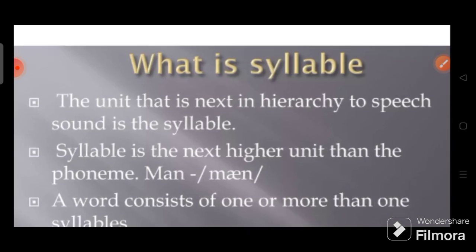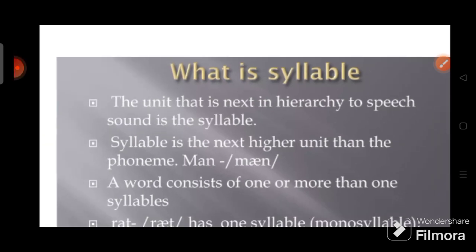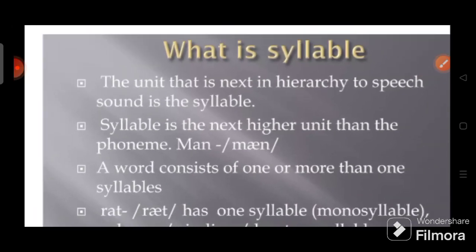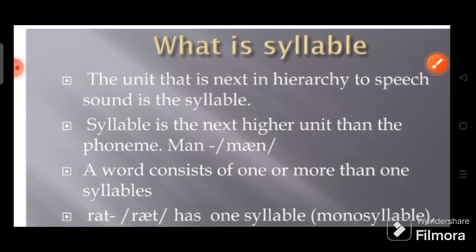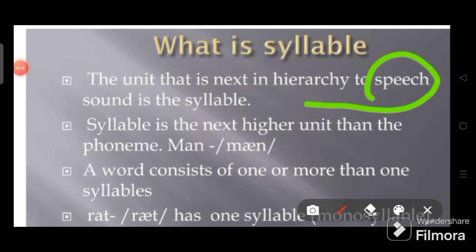So first thing, what is a syllable? How do you understand this? The unit that is next in hierarchy to speech sound is the syllable. Speech sounds are phonemes, individual sounds like pa, ba, ta, ka, etc. They are the smallest in hierarchy.